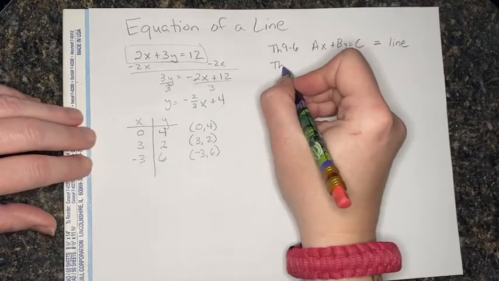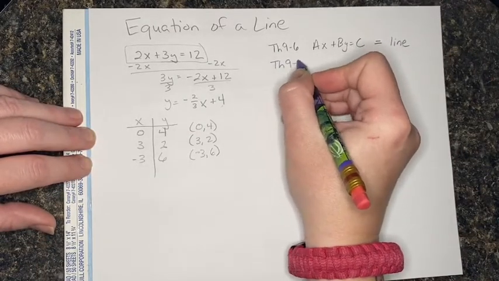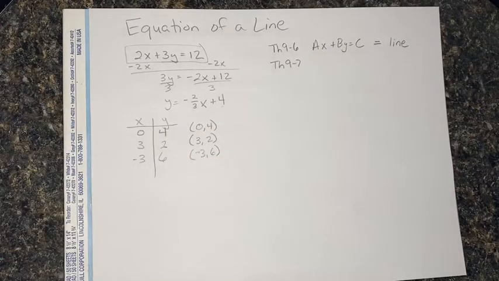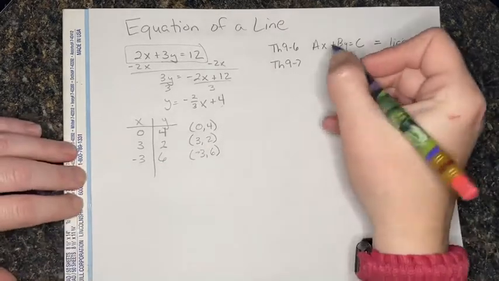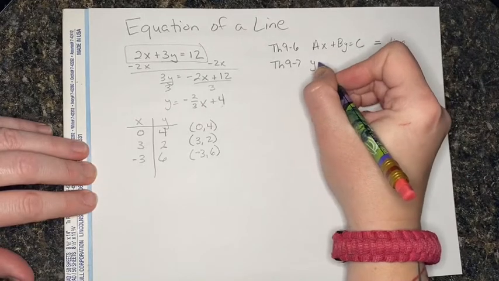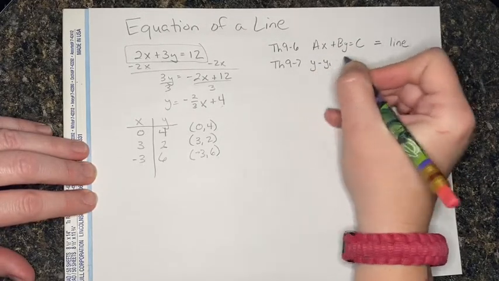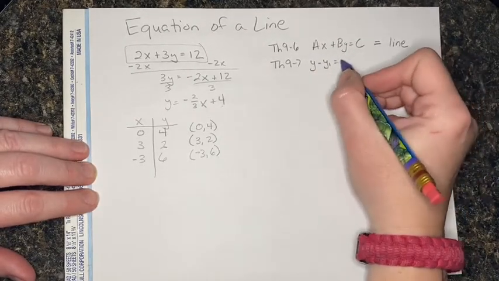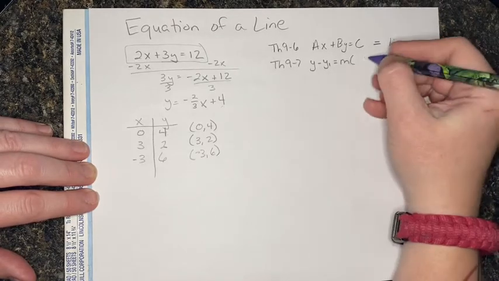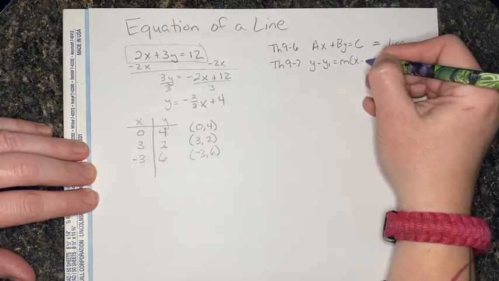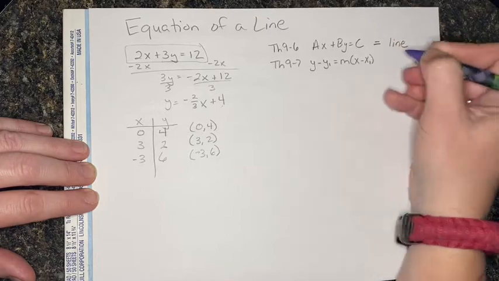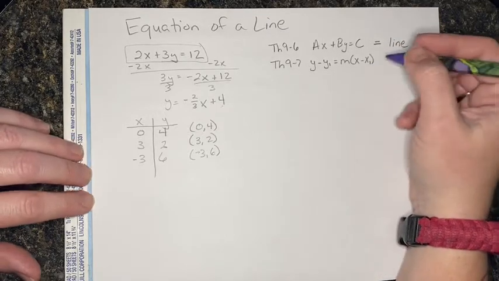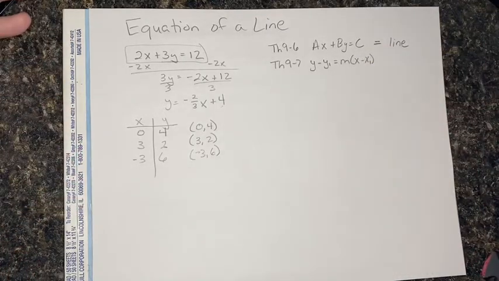So we walk right in then to theorem 9.7, that tells us the equation of the line passing through points x sub 1, y sub 1 and x sub 2, y sub 2 is given by the formula. Okay, ready? Y minus y sub 1 is equal to the slope times x minus x sub 1, where your slope uses your regular slope formula.